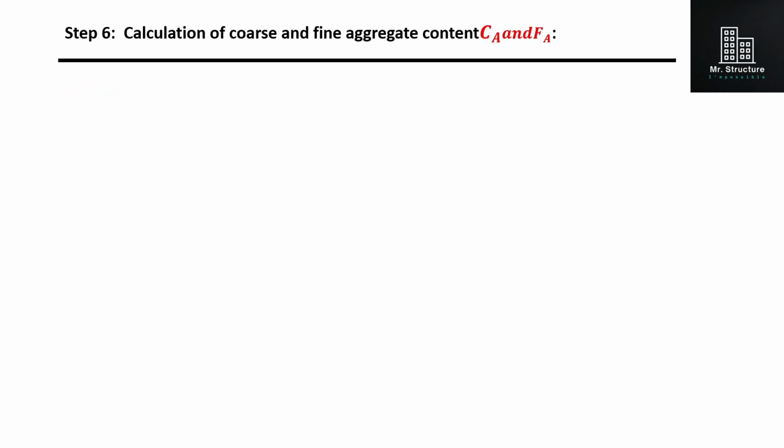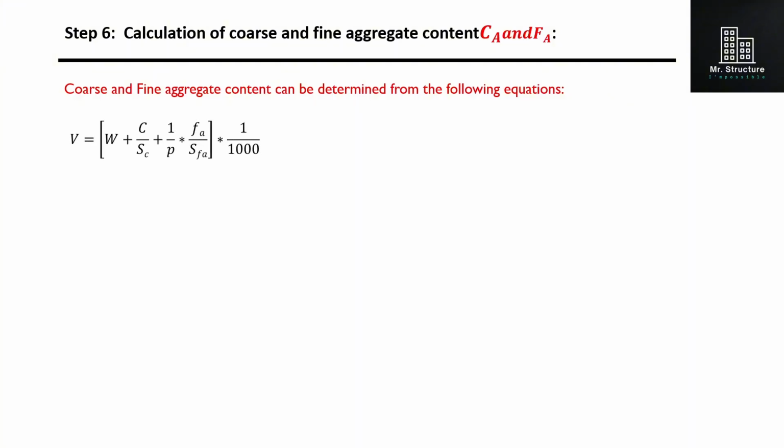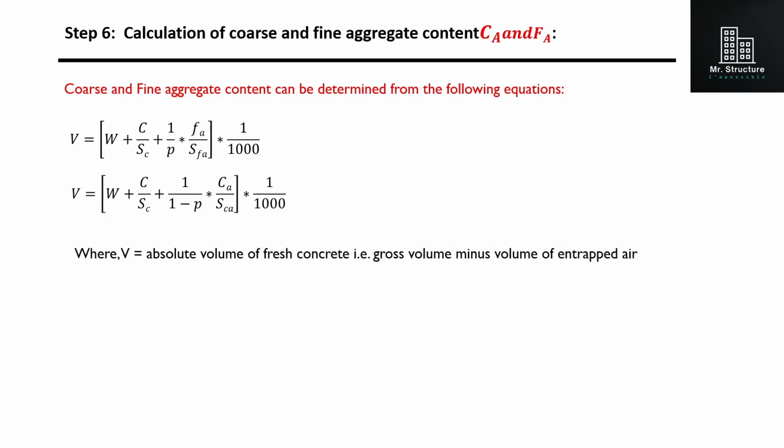In step 6, we determine the coarse and fine aggregate content Ca and Fa respectively. Coarse and fine aggregate content can be determined using the following equations. A is the absolute volume of fresh concrete, that is gross volume minus volume of entrapped air.